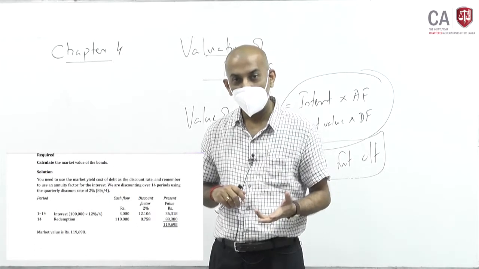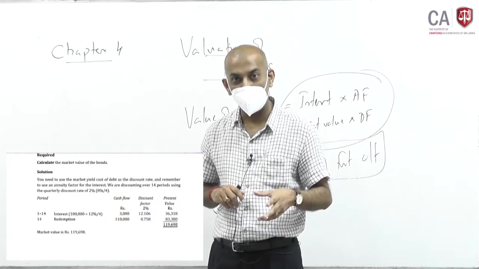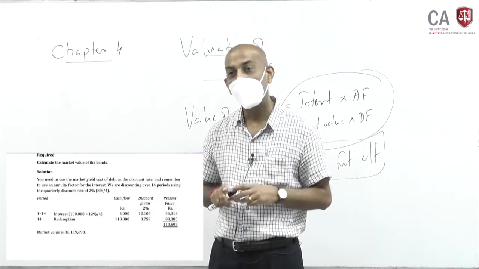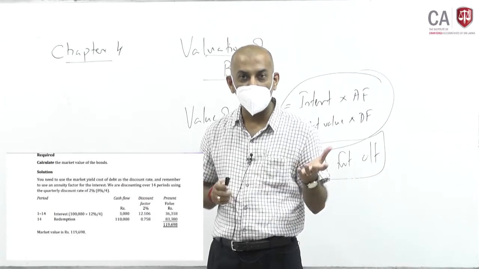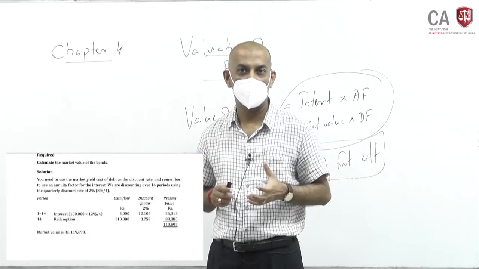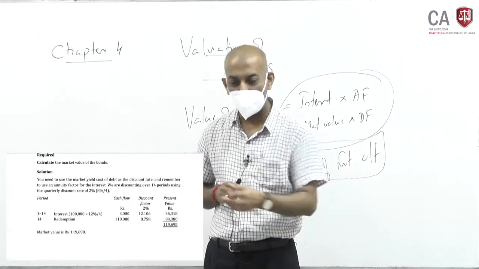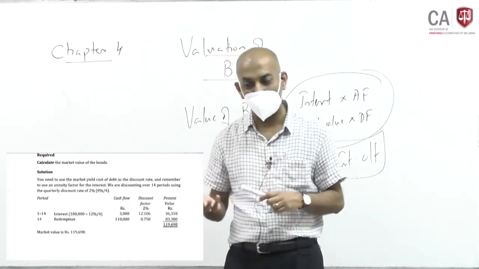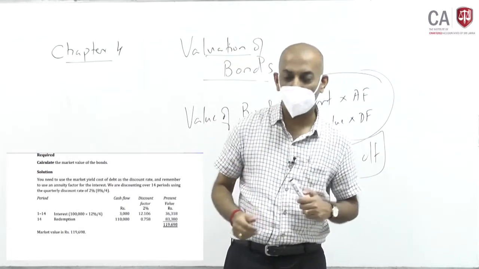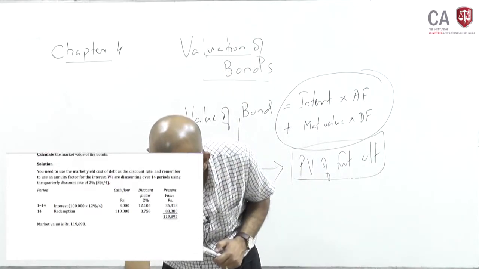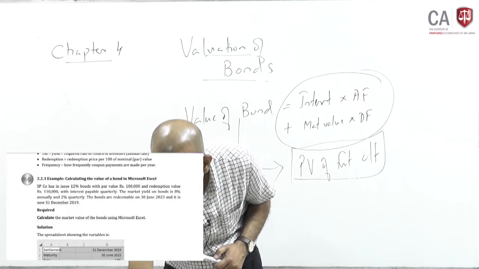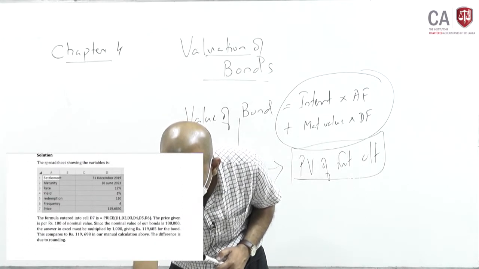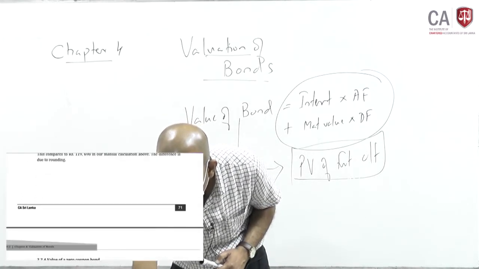You are going to get 12% as the return, that is the coupon rate, and the investor is requiring only 8%. Therefore your bond is more valuable than your face value. That is why you get 119,698 compared to your face value of 100,000. Then it's given in the Excel working how to calculate, so you could try that out.